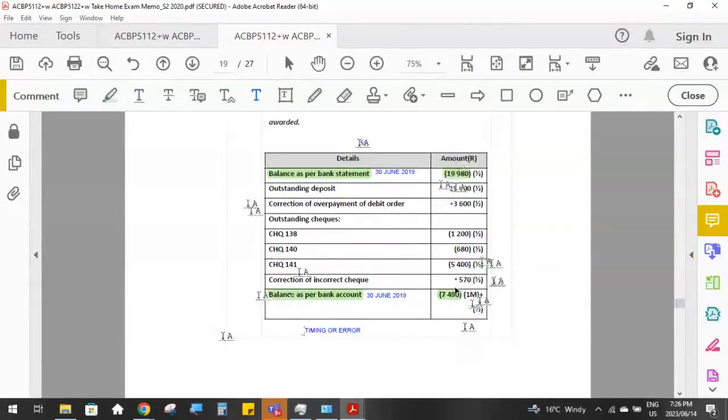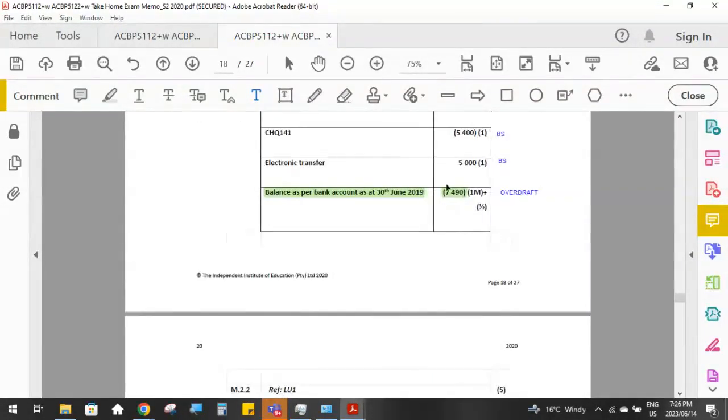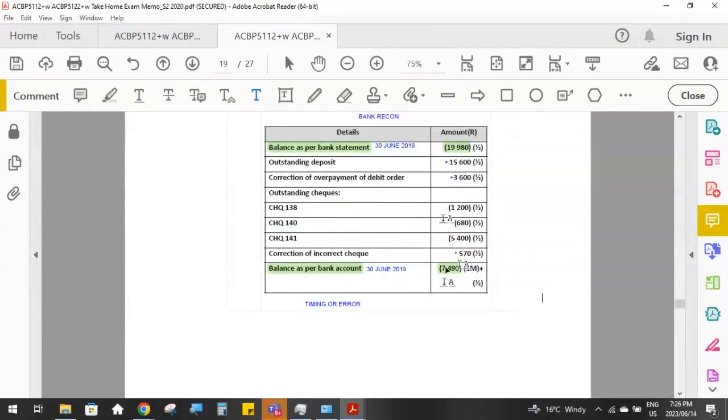So this is the bank recon, which reconciles the bank statement balance to our bank account. That total must equal the total that you've got as being the correct total in your bank account in the general ledger. So that's 7,490. Those two amounts there should equal each other.